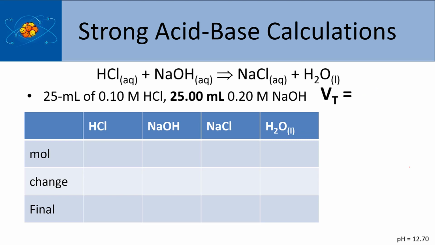Now we're going to do it at 25 mils of titrant. So the only thing that's changed is this number here, right? And then my total volume is going to be 50 because it's 25 and 25. And then my millimoles of HCl, still 2.5.